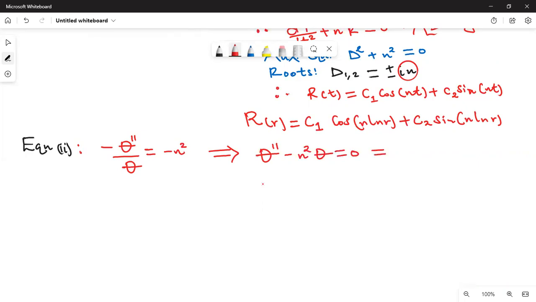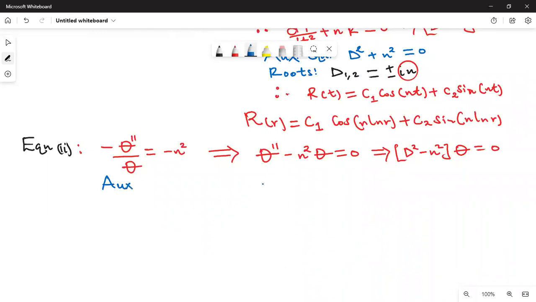And so in terms of the D operator, we get D squared minus n squared operating on theta to give us 0. What is the auxiliary equation? Remember, D in this case is the derivative with respect to the small theta.